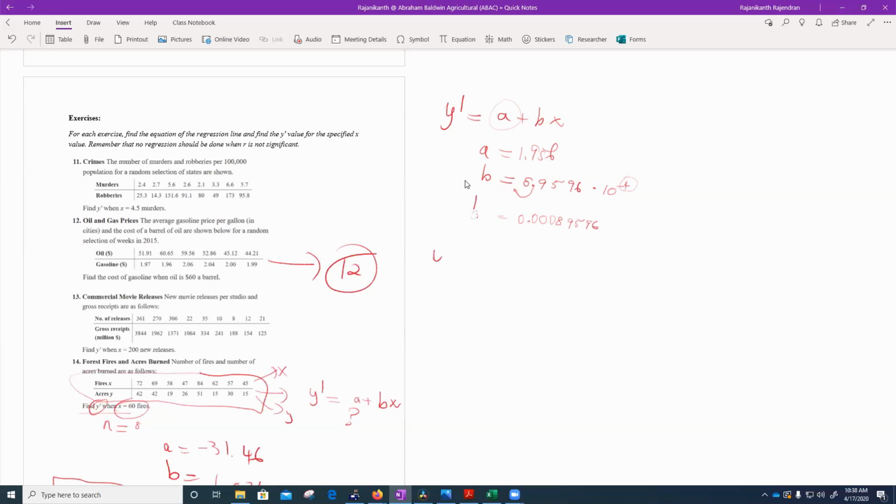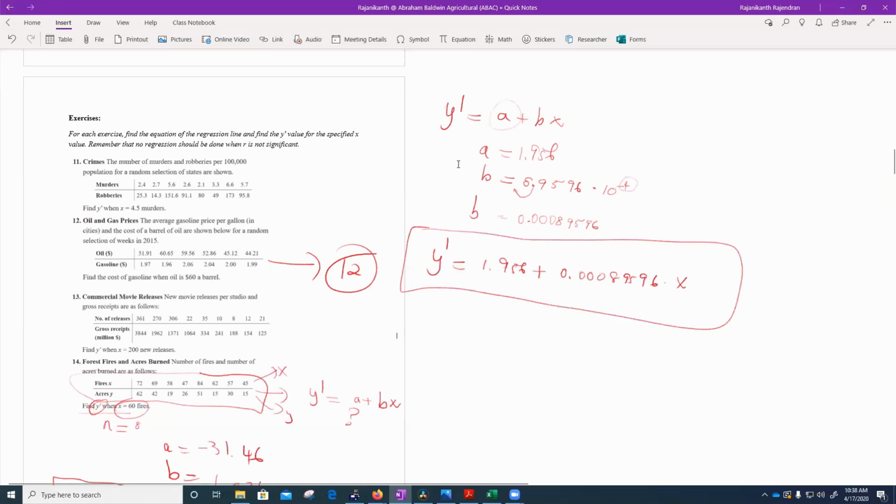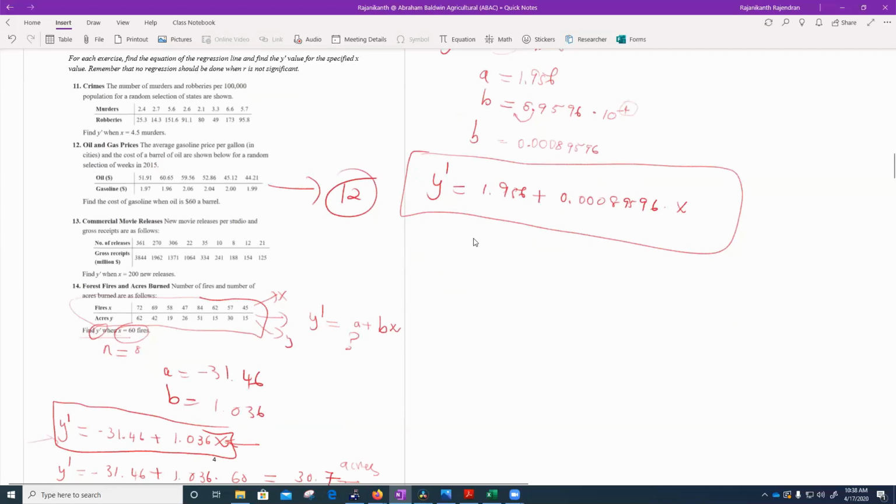Okay. Therefore, my prediction formula is 1.956 plus 0.000089596 times x. So now this is my prediction formula. Now we are going to predict what?